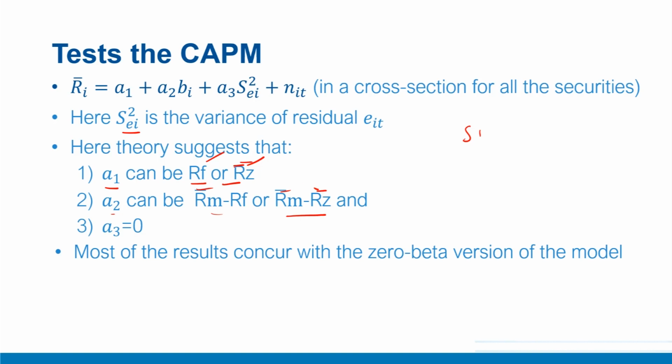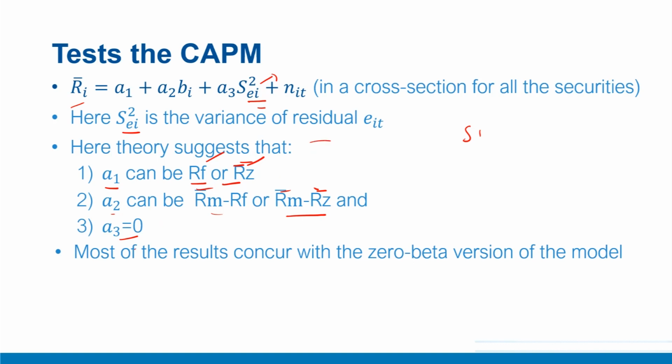So R_Z bar, R_Z bar. Similarly, we expect A3 to be 0. Why? Because we assume, as per the standard version or zero beta version of CAPM, that the idiosyncratic risk has no predictability, or markets do not reward for bearing idiosyncratic risk. So this idiosyncratic component, or variance of residual term, should have no relationship with the expected return.